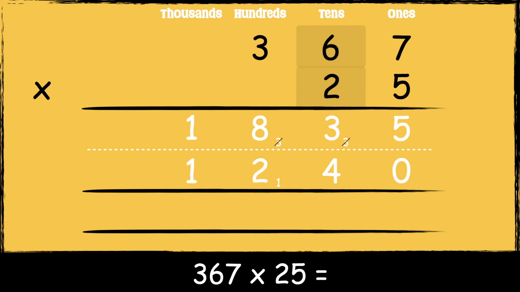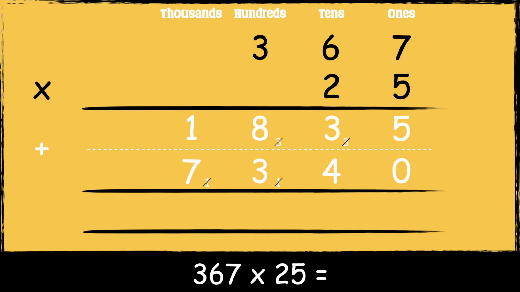We need to add the 100 below, so 12 add 1 is 13. We carry the 1 below in the thousands column, as it represents 1000. Now we can multiply 2 tens by 3 hundreds. 2 times 3 is 6. We need to add the 1000 below, so 6 add 1 is 7.